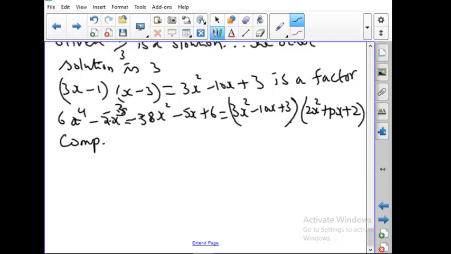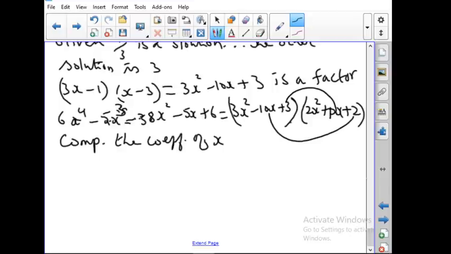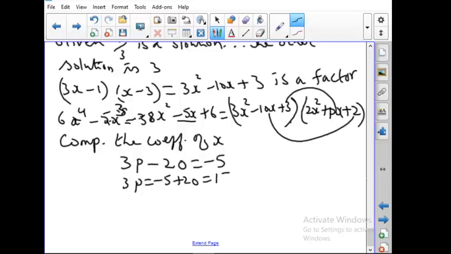So now again comparing the coefficients of x. When we multiply this both, we get x term, and we multiply this both, we get x term. And here the coefficient of x is minus 5. Therefore, we get 3p minus 20 is equal to minus 5. So 3p is equal to minus 5 plus 20, which is equal to 15.